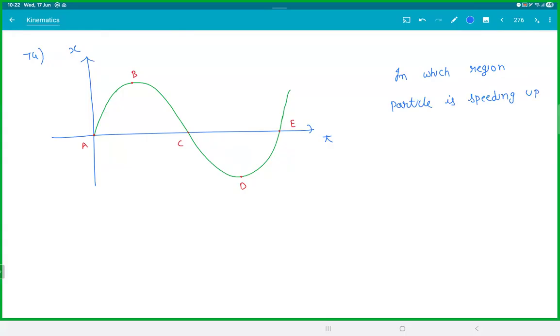Thus, there'll be four options: A, B, B, C, C, D, D. You know the meaning of speeding up.